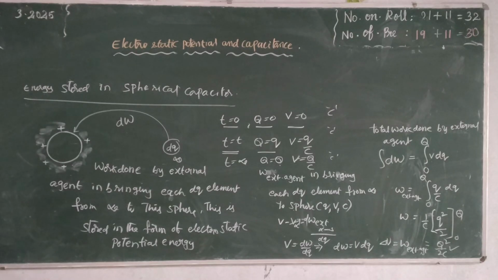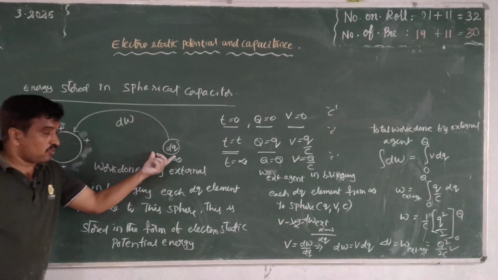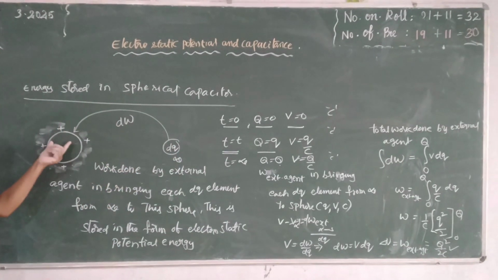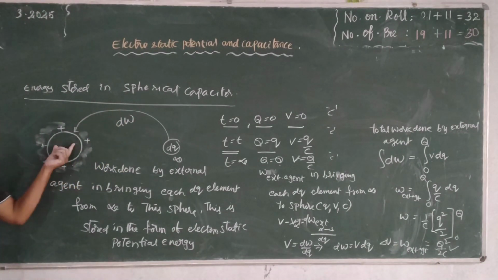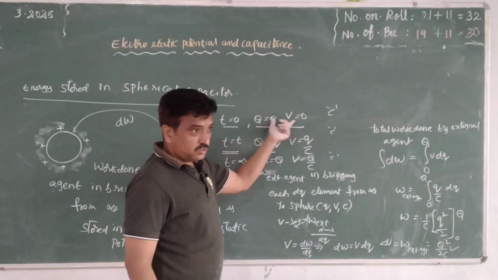Like this we can store energy in a spherical capacitor. Starting with no charge, we have to do some work and bring charge dq from infinity to store in the sphere, one dq at a time. At t equal to 0, there is no charge and no potential.